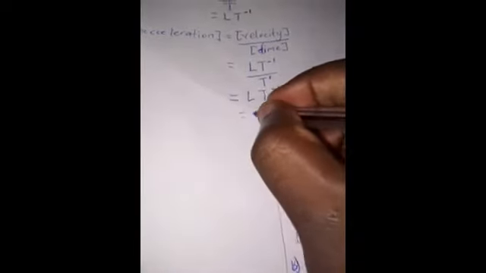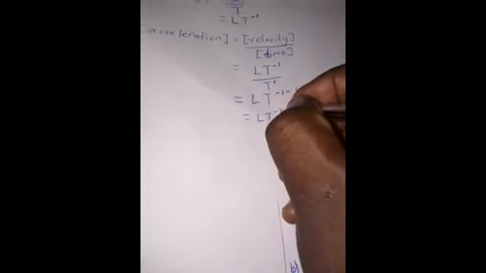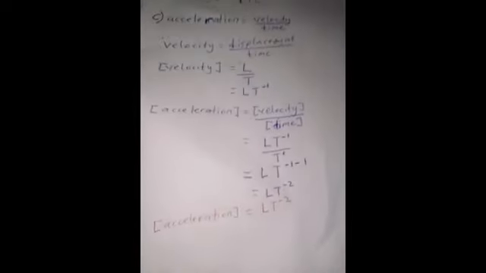From here, we are going to get L T minus 2. Therefore, the dimension of acceleration is equal to L T minus 2.